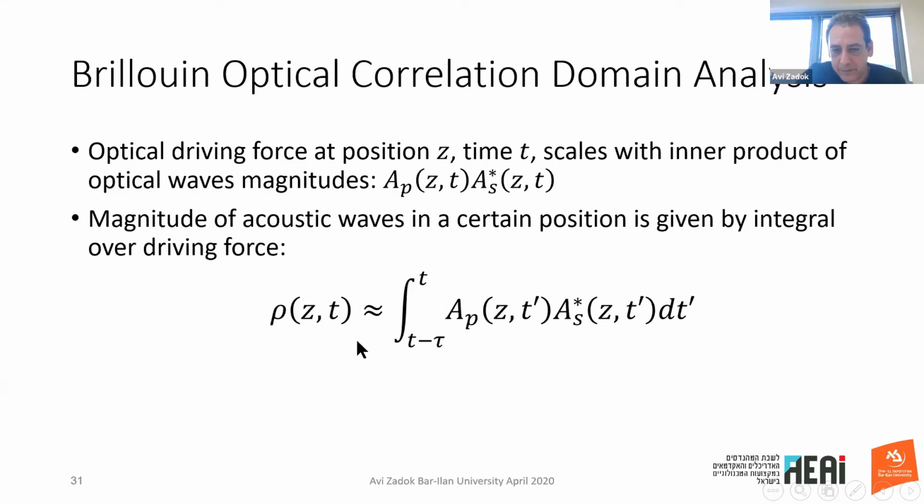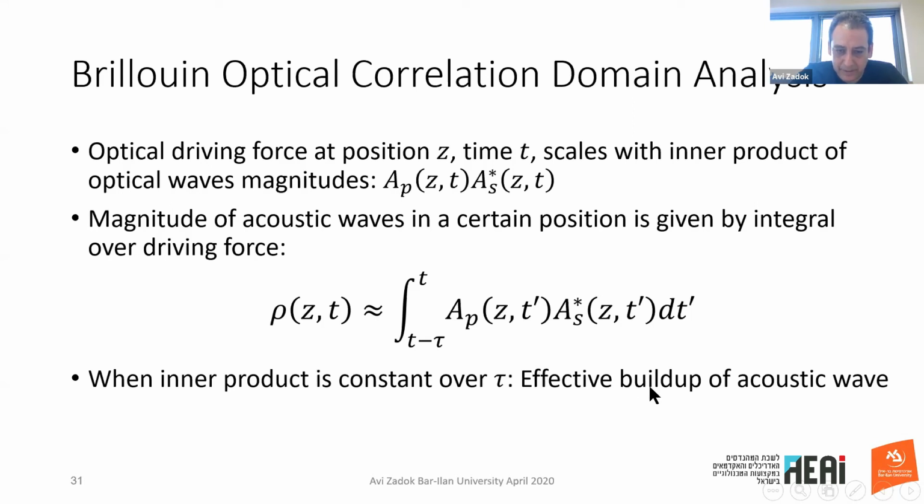But what if instead this inner product is oscillating very quickly? What if this product is changing sign many, many times within the integral duration tau? In that case, the stimulation of the acoustic wave will be largely canceled away. And to continue the analogy, it is like you were to charge a capacitor with AC voltage, AC voltage that is faster than the lifetime of the capacitor.